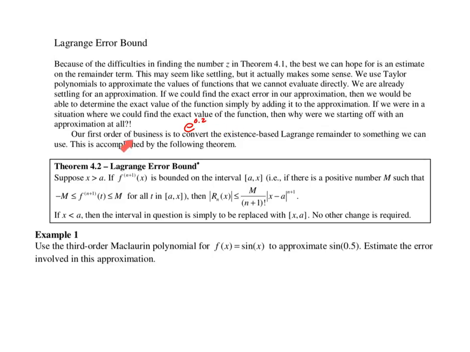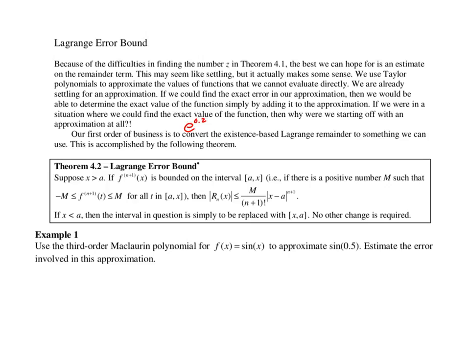All right, so the first order of business is to convert the existence-based Lagrange remainder to something we can use, and this is accomplished by this theorem, which is called the Lagrange error bound. Now, I do want to give credit to Benjamin Goldstein for the material for this series unit.